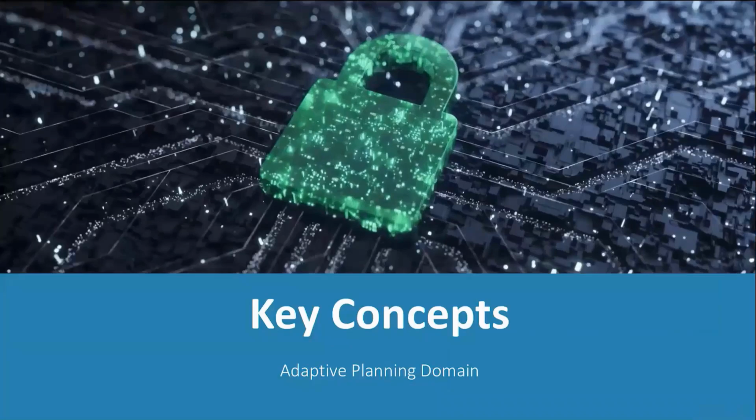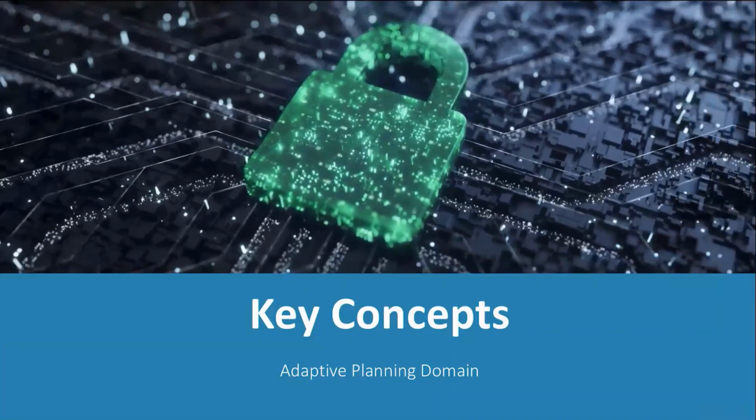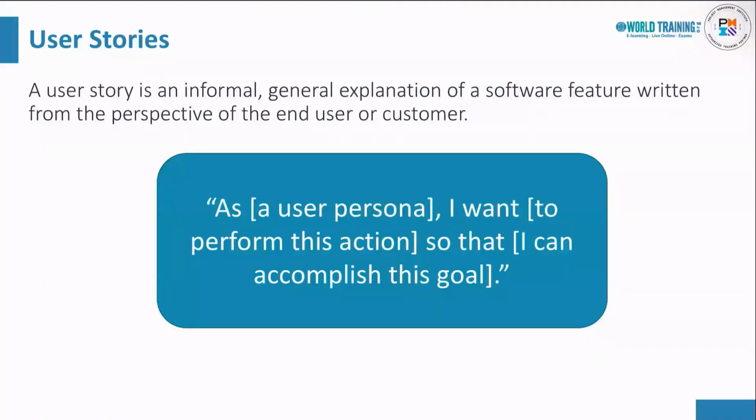So in the first subsection, we are going to talk about some fundamental concepts about Agile planning. The very first thing is user story. We have already discussed the concept of a user story, but let's talk about it in more detail. A user story is an informal, general explanation of a software feature written from the perspective of the end user or customer.